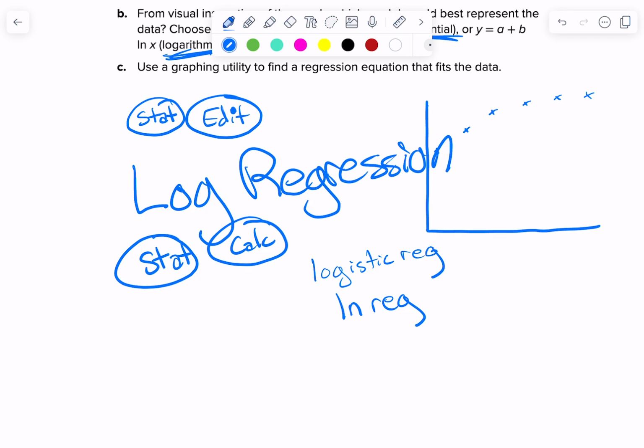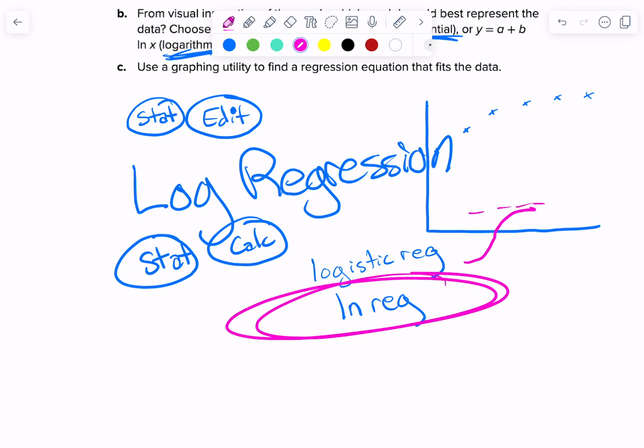Which one is log? Logistic and logarithmic are not the same. So it's ln. Logistic is the one that's exponential and then levels off. You want to use ln reg, not logistic reg.